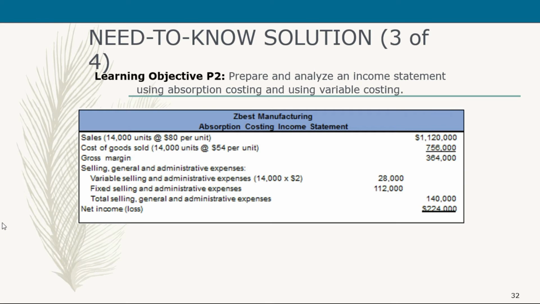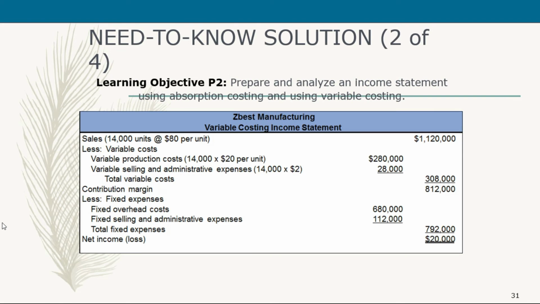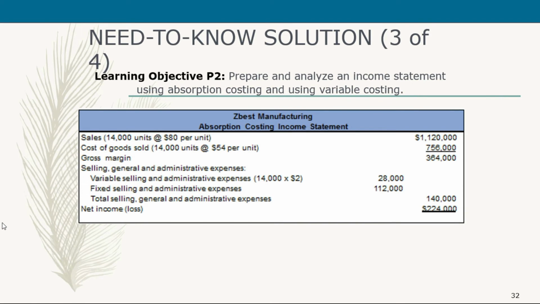The fixed overhead cost that is incurred in the current period is fully deductible from your sales under variable costing, so it will have a lower net income as compared to absorption costing, which has a higher net income. Why? Because your fixed overhead cost is part of your inventory. And if your inventory is overstated, your cost of goods sold will be understated, making your net income overstated.